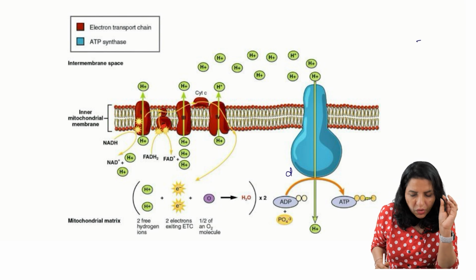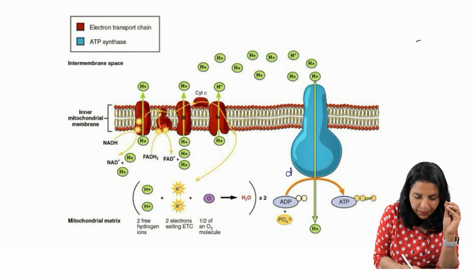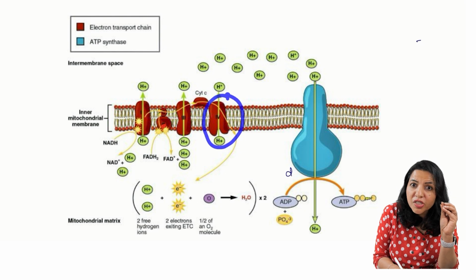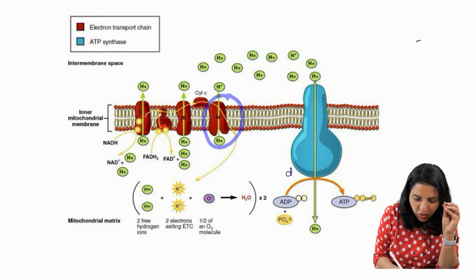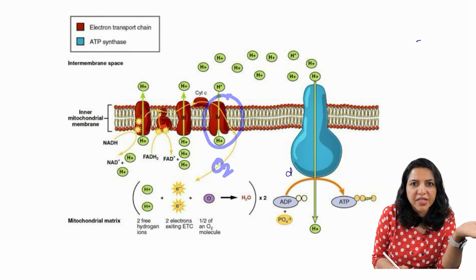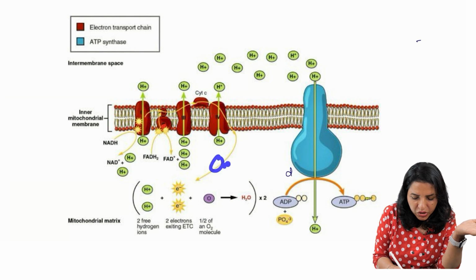Now if the blocking is in the electron transfer, and if the blocking is late, which means complex 4 is blocked, the oxygen is not getting any electrons and oxygen is not reduced to water.